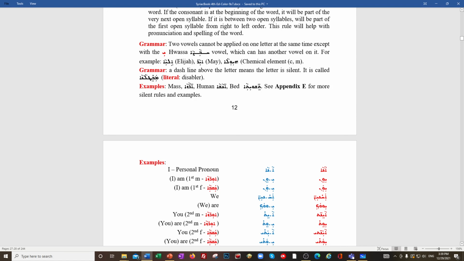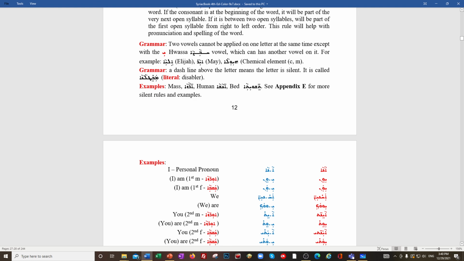Also, you see here, this one is a ḥwāsa and has a sqapa, which means May, the month of May. And this next one is chemical elements, the classical word in this case.